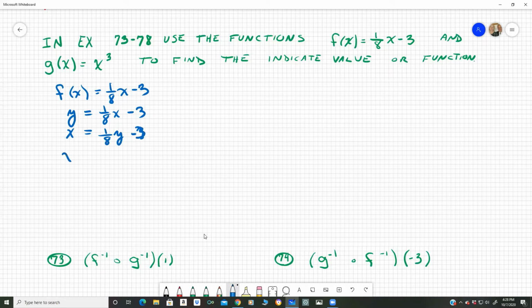So we add 3 to both sides, and we multiply both sides by 8. And here we have our inverse function. So we know that the inverse function of f is this. Now, whether or not you want to distribute that 8 is up to you. We'll just go ahead and distribute it.